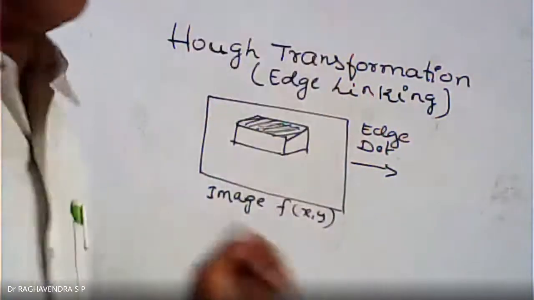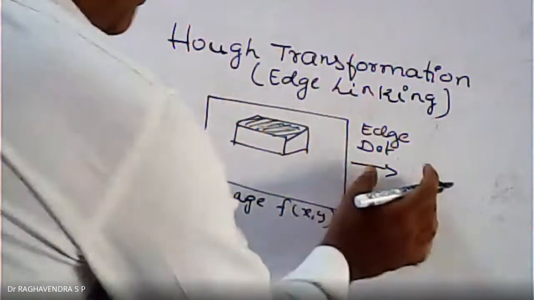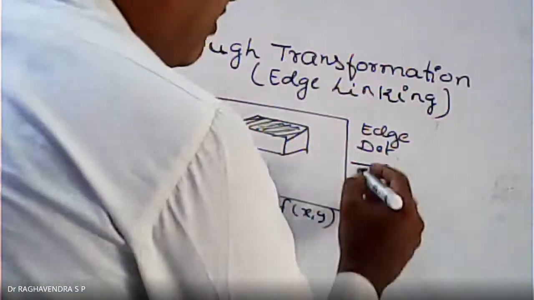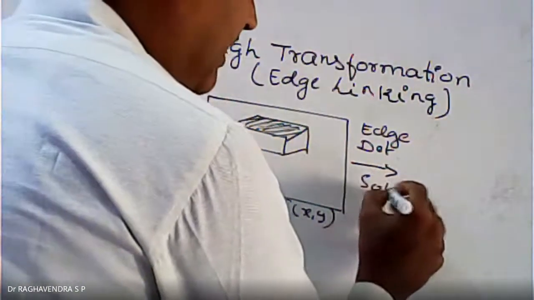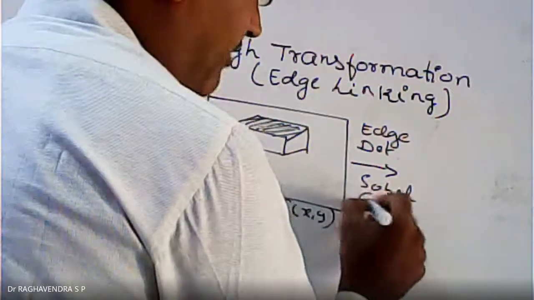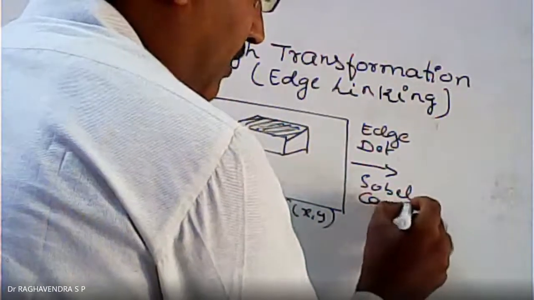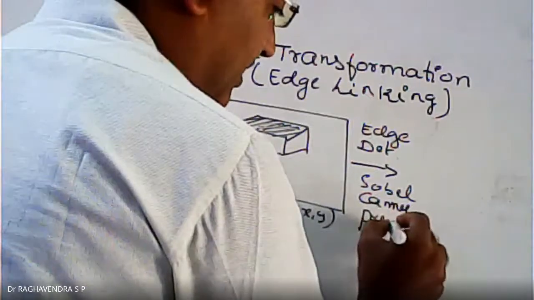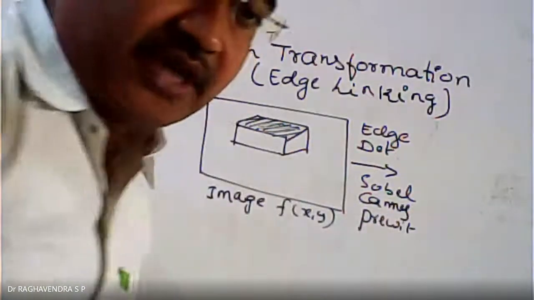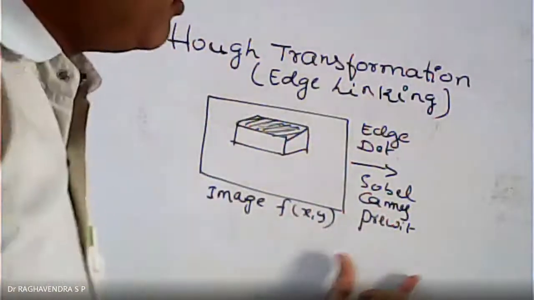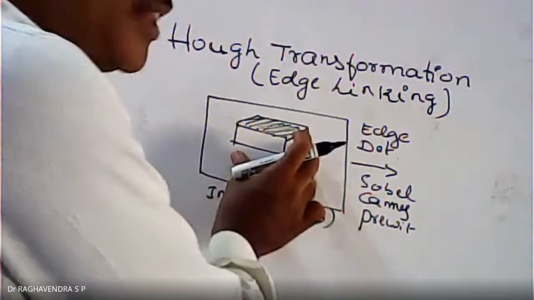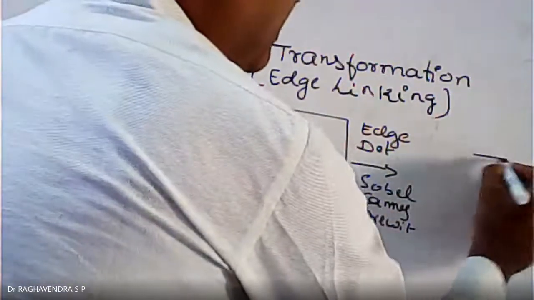We have some operators like Sobel, then we have Canny, and other different types of masks or filters. If we apply these on the image, we get an output image.